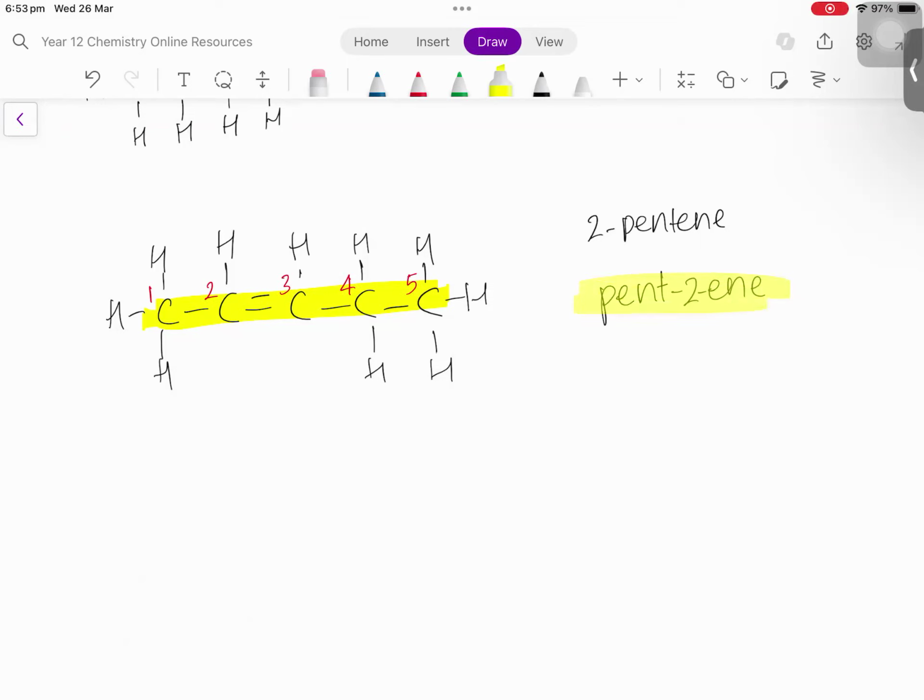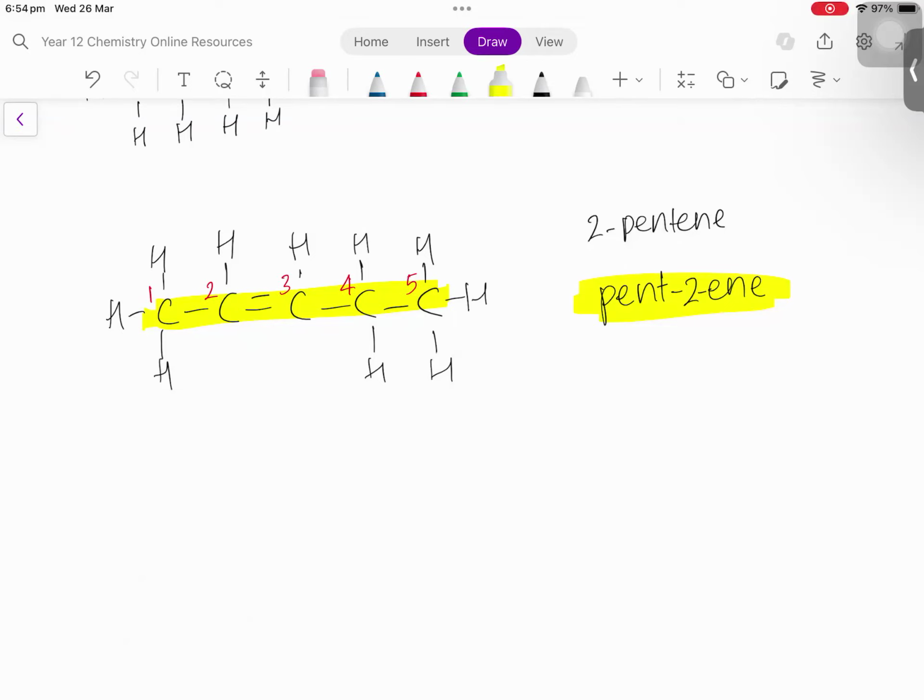Doing it this way, however, is useful when you have multiple functional groups. My teacher did say that by the traditional conventions, pent-2-ene is better. So if your teacher has a preference at school, everyone, you can do 2-pentene. Either way, you'll be marked right for it, but pent-2-ene is a little bit more flexible.